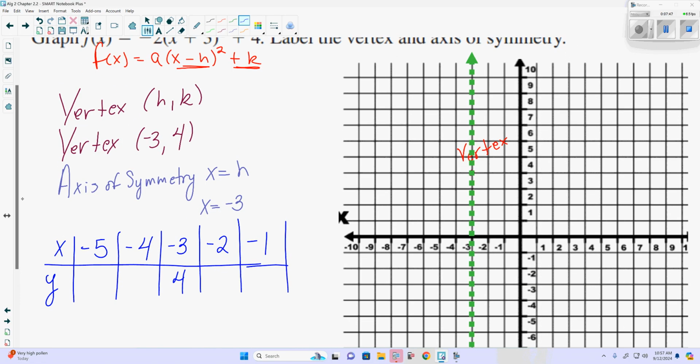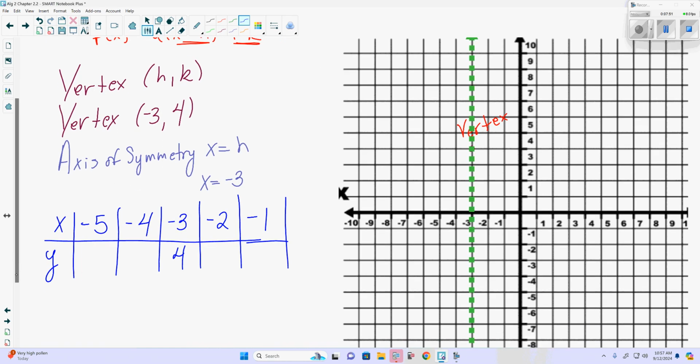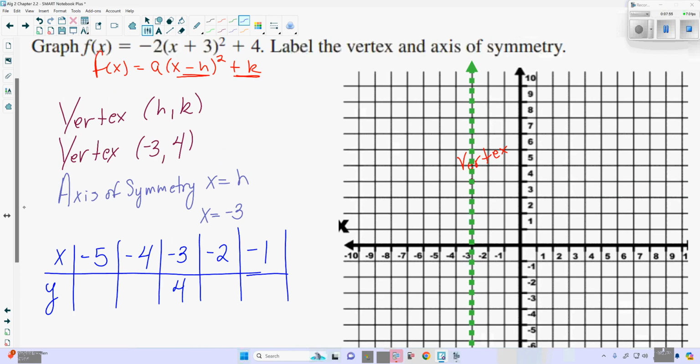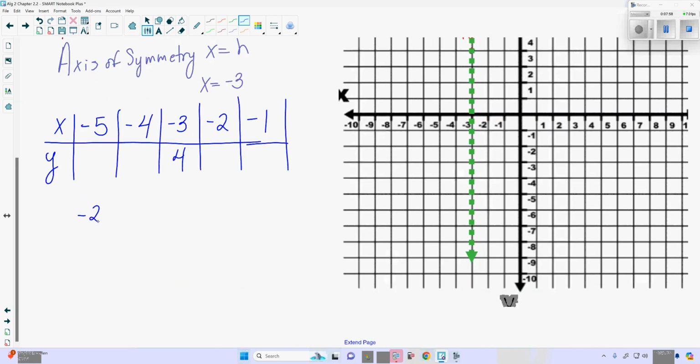And then we're just plugging these points into the equation to find our values. Because if we did -2, we'd have -2 parentheses -2 plus 3 squared plus 4. I just plug -2 in for x, and then we'd find the y value.